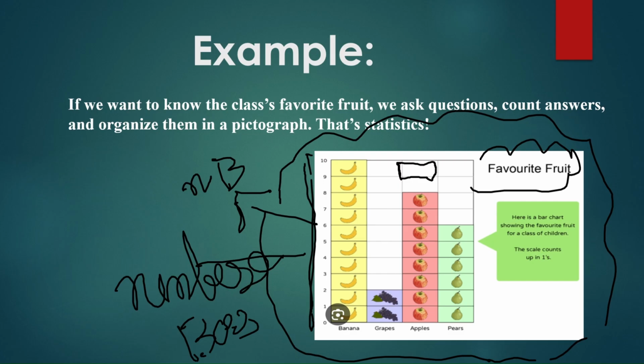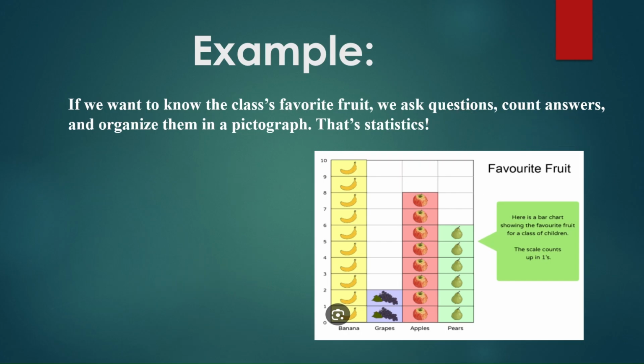This scale counts up in ones. See, like here it's 0, then 1, then 2, then 3, likewise.